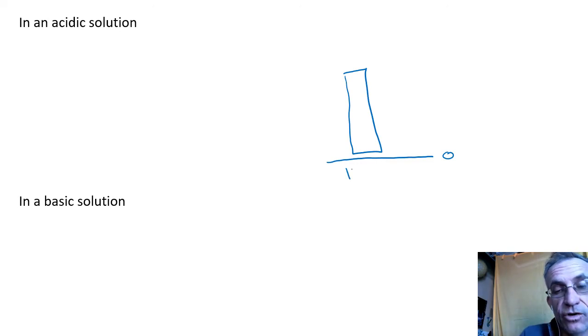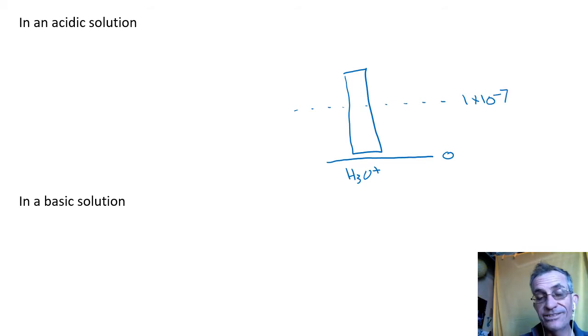Now again, I'm not really trying to do this exactly to scale, but if we imagine this is sort of the 1 times 10 to the minus 7 line, the amount of hydronium, because you have something that's acidic, has gone up. Hydronium increases because of that acid that you put in the water.